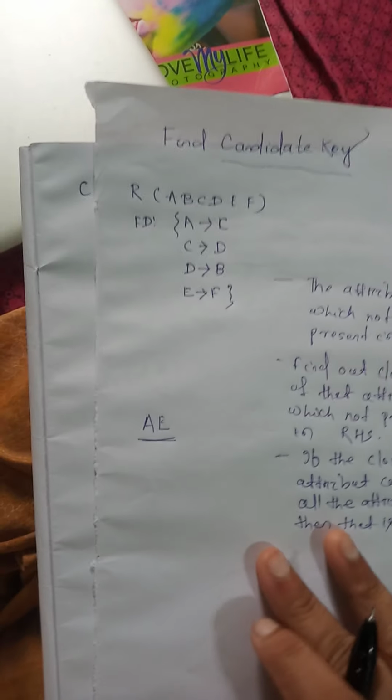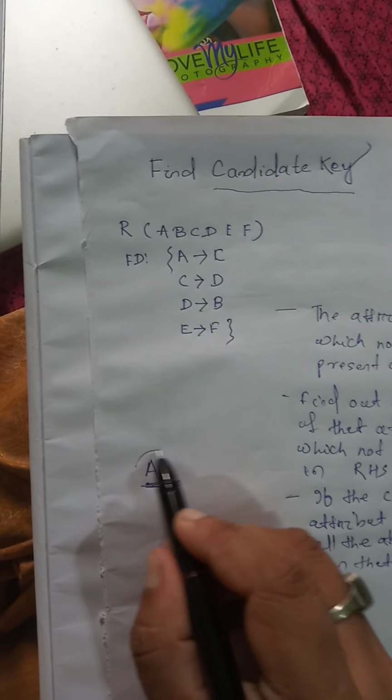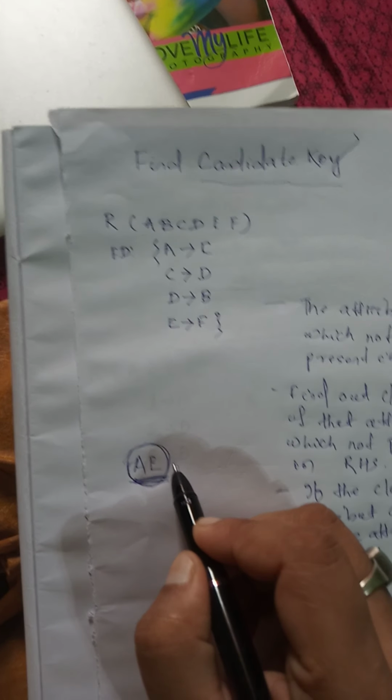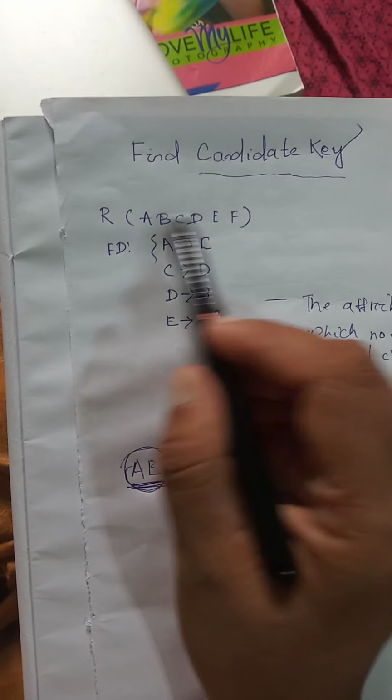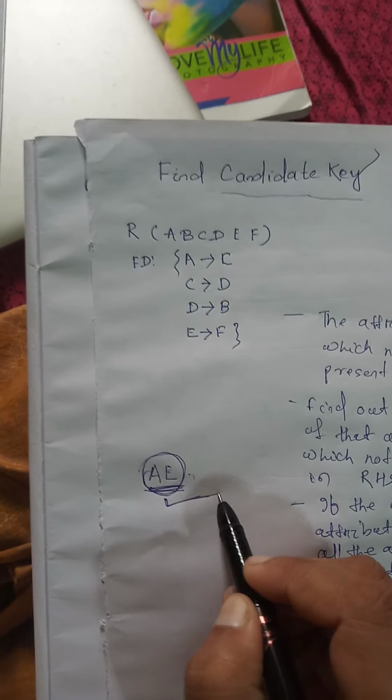So you have to find out the closure of AE. If this attribute set contains all the attributes present in the relation, then this is your closure, and this is the candidate key.